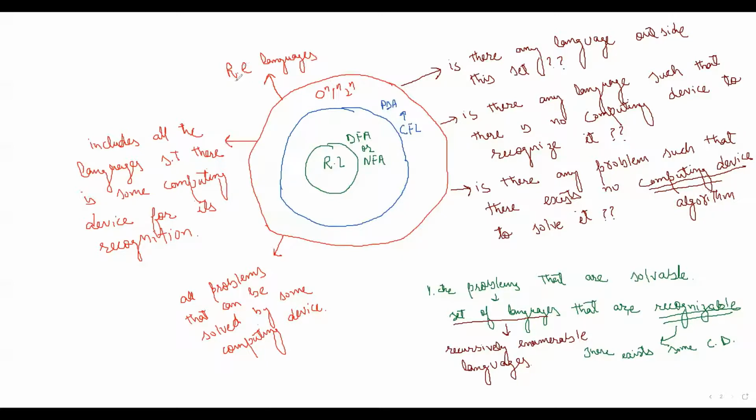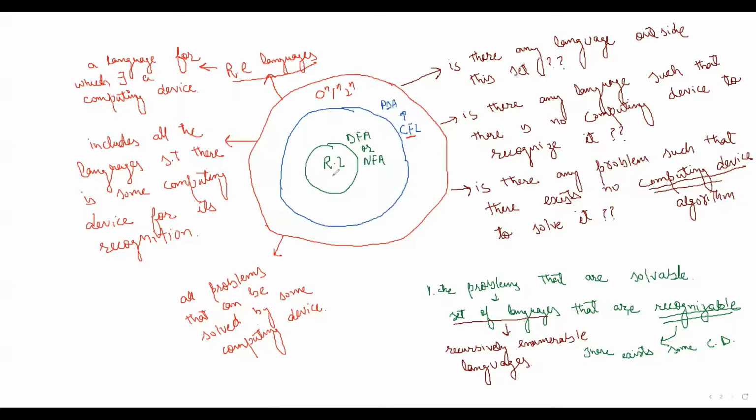So if anyone says, what is a recursively enumerable language? A language for which there exists a computing device, okay. And since context-free language is a subset of recursively enumerable language, that means context-free languages are also recursively enumerable languages.